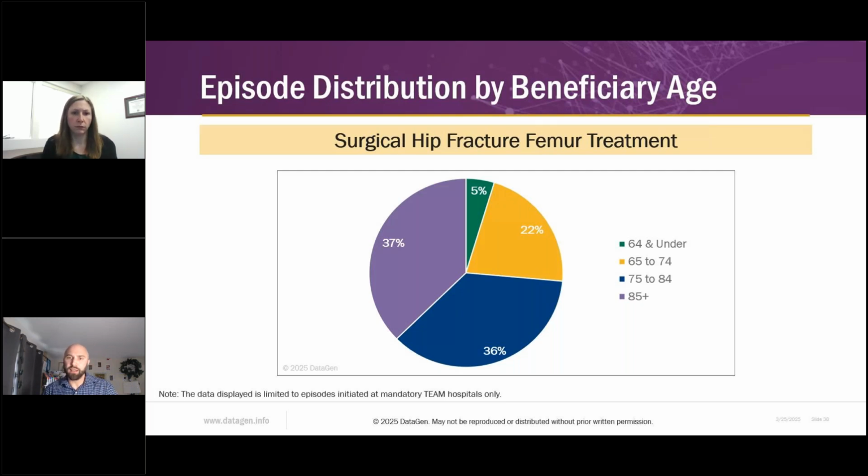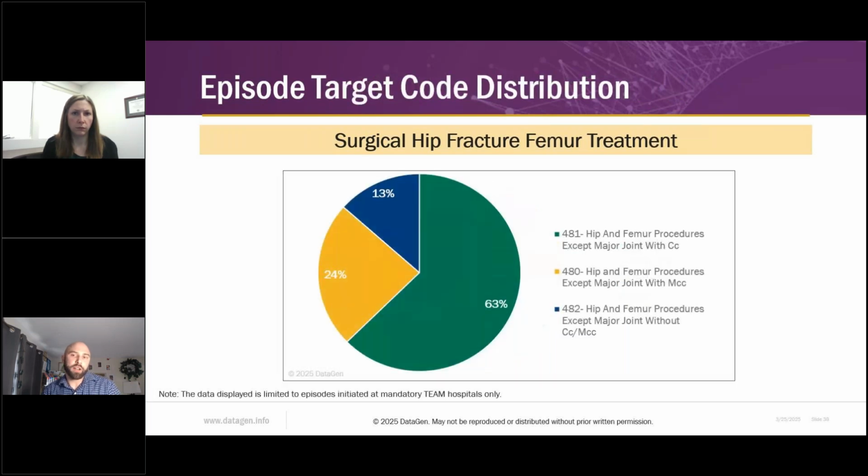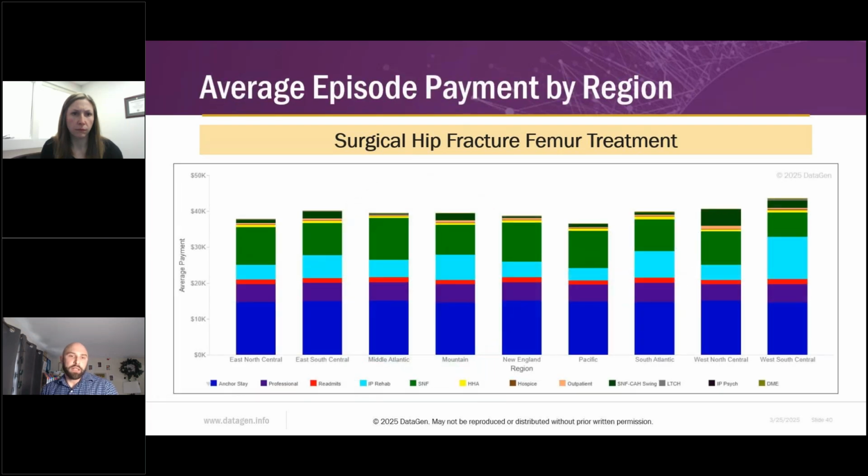And if we go to the next slide, there's no surprise for DRG variation because it's an older population. If you combine the green and the yellow, which is 481 and 480, about 85% of patients have a non-major or major complication or comorbidity. On the next slide, we see again the regional variation in SNF and inpatient rehab use.